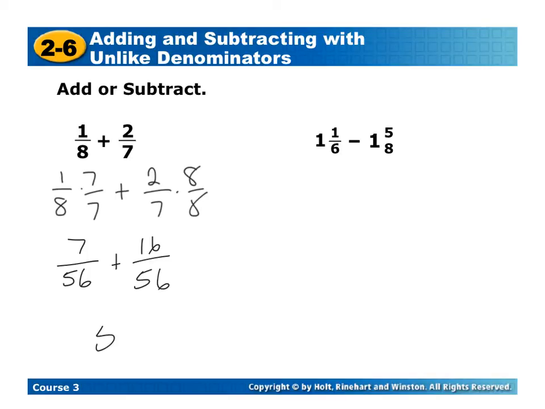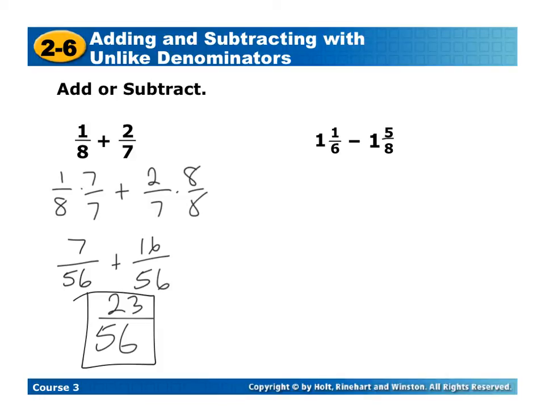Now I have the common denominator of 56, and I simply add 7 plus 16, which gives me 23. Since 23 is a prime number and does not go into 56, that's as far as we can go, so our final answer is 23/56.